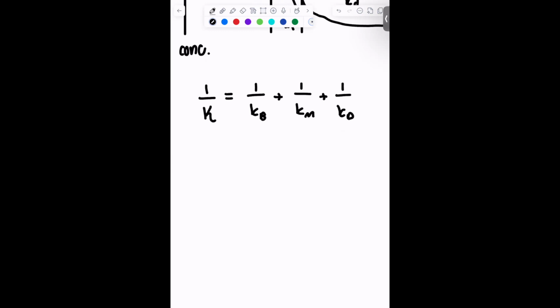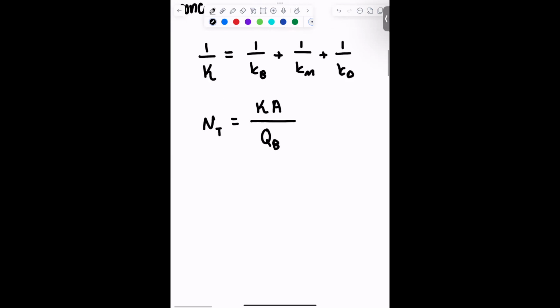So first of all, we have to calculate the number of transfer units, and this equation can be found in our textbook. So we have K, which is our overall mass transfer coefficient, A, which is the area of the membrane, and that's going to be over QB, which is the volumetric flow rate of the blood.